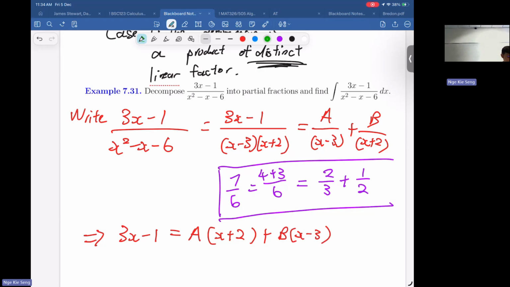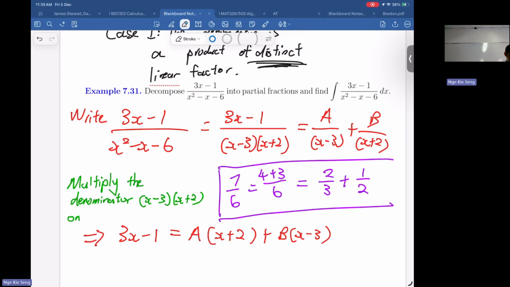Meaning you just multiply the denominator (x minus 3)(x plus 2) on the left hand side and the right hand side. From here, this is useful to get A and B. So what should we do here? What's the technique?